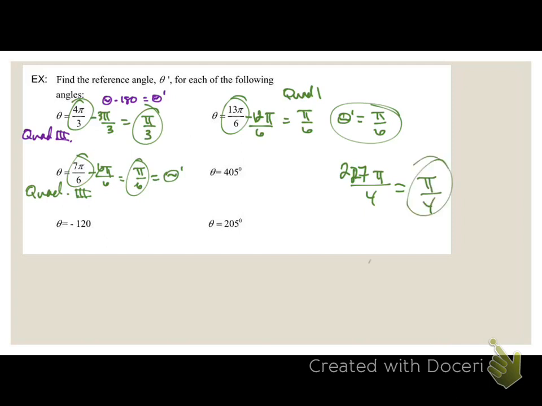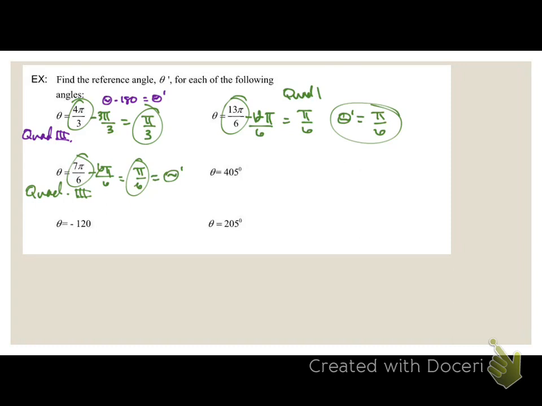If I want to know the reference angle of 2,164 pi over 9, it would just be pi over 9, right? It's just whatever the denominator of your angle is going to be your reference angle, if that makes sense. So that's our quick way of finding our radians reference angle, okay?